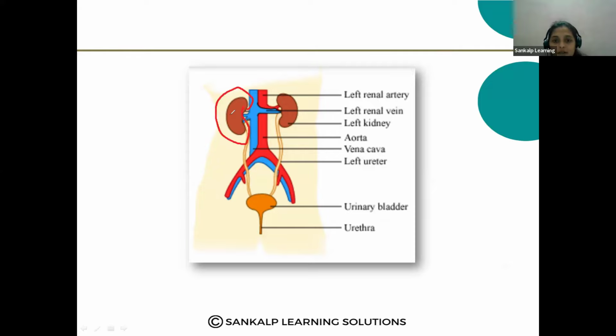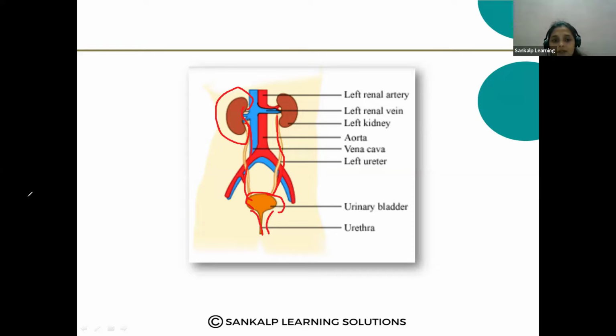In this picture you can observe the kidneys, and a pair of ureters, which carry the urine from the kidneys to the urinary bladder. This is the urinary bladder, that collects the urine, and the urethra is the structure that helps in the removal of the urine.